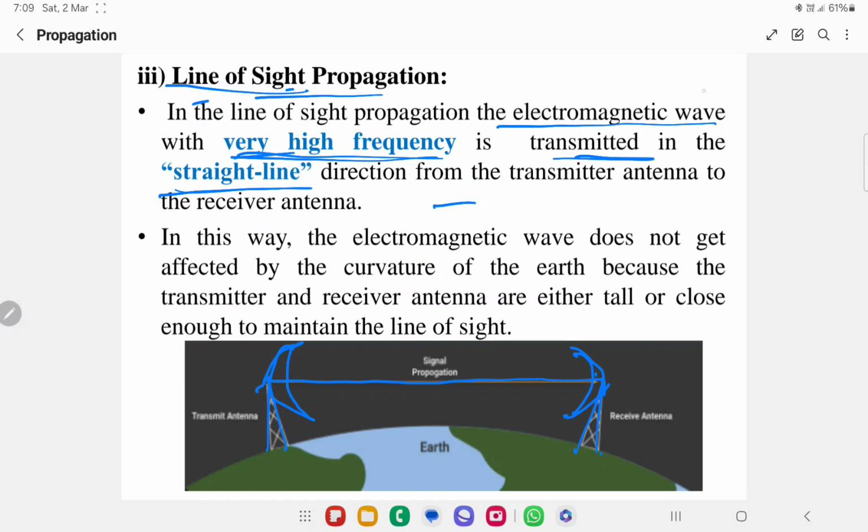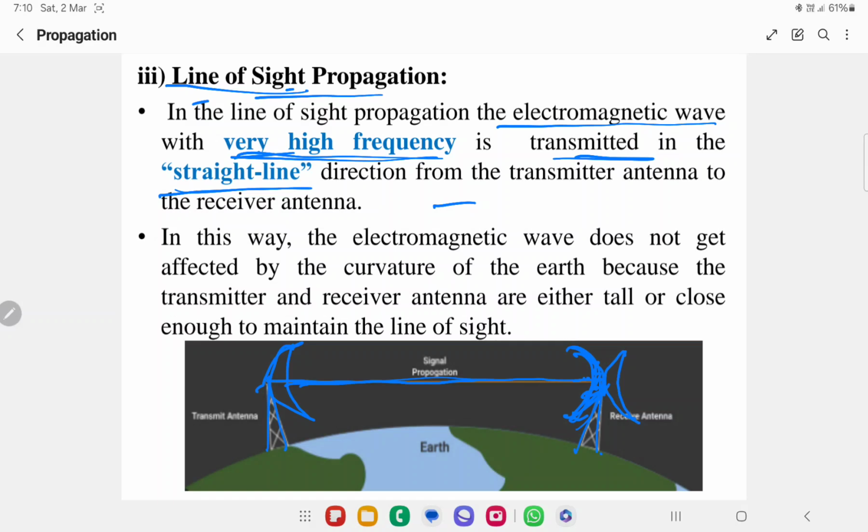If this antenna is in a different direction, not like this, then it can't take the signal. It should always be in the line of sight, in a straight line facing each other, and only then can the signal be transmitted.